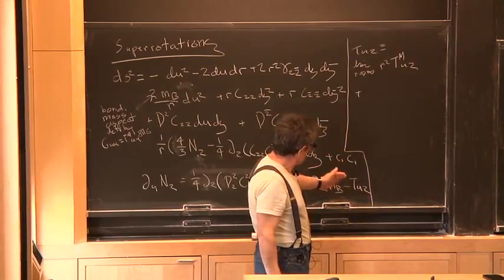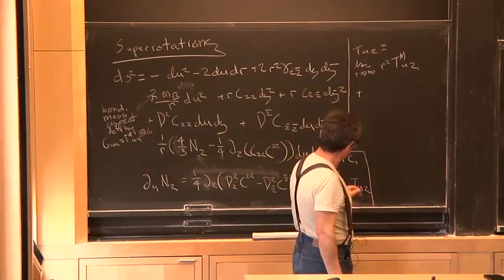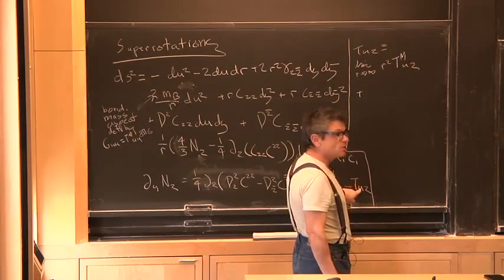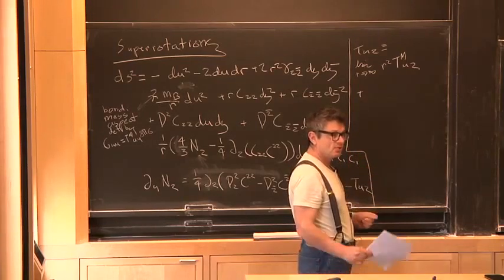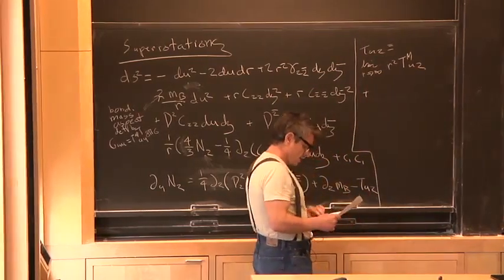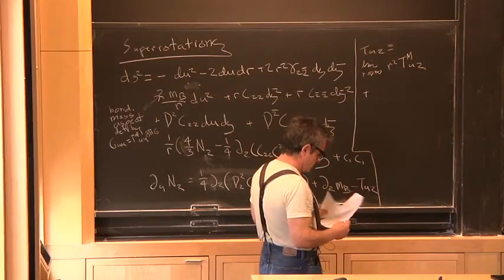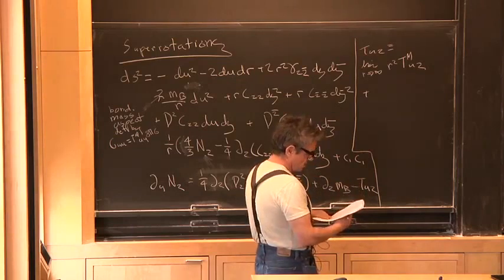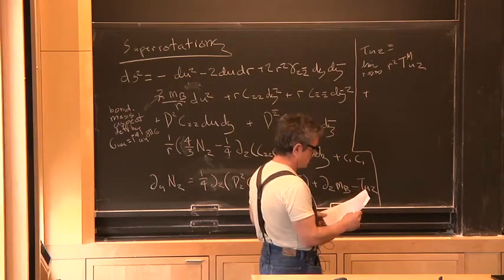So T_uz is a momentum. It's not the energy density. It's the momentum density in the z direction. And so there's a gravitational contribution to T_uz, which is, where did it go here?